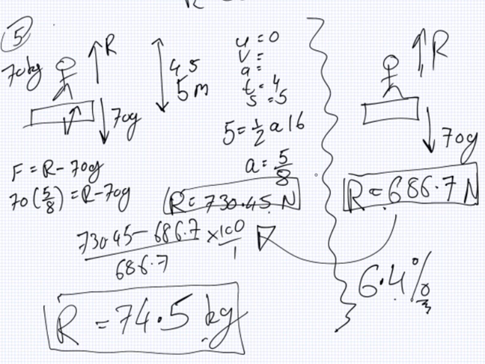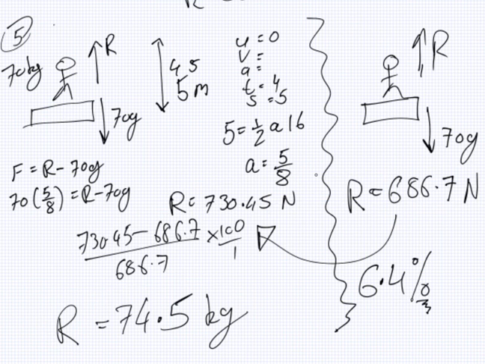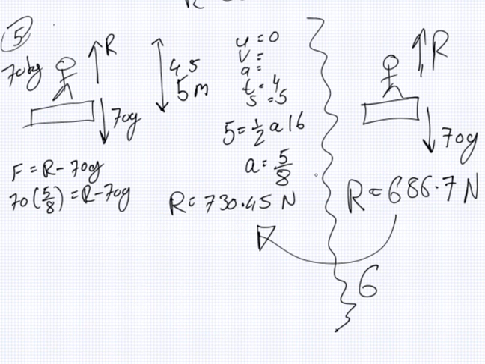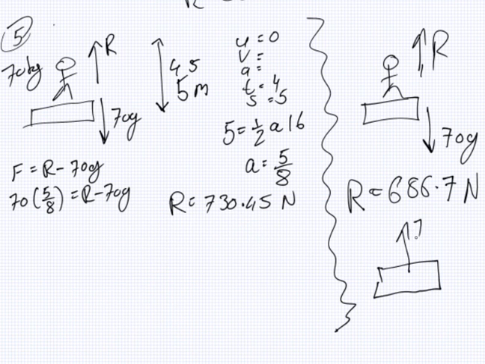Look, if you didn't want to do it as percentages, you can do it this way as well. If the reaction is 730.45, the weighing scale thinks his mass can be found by using the formula mg equals this.